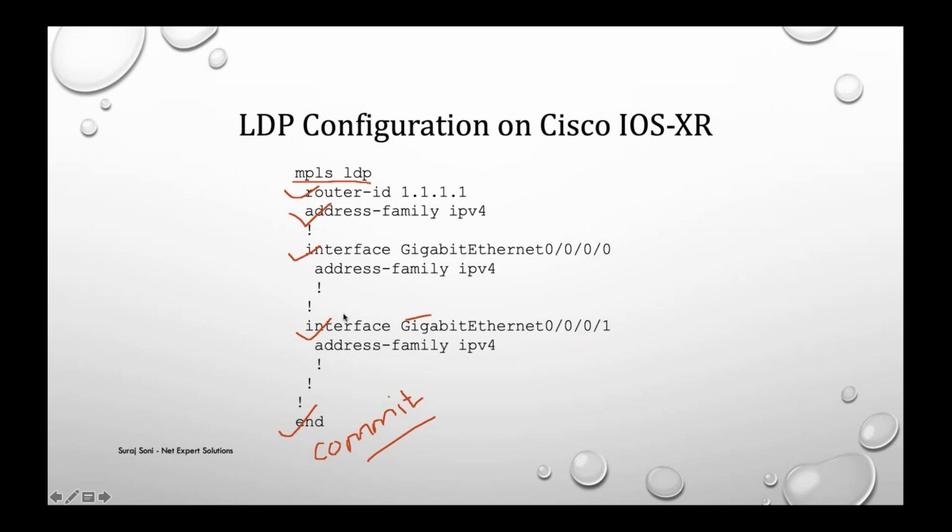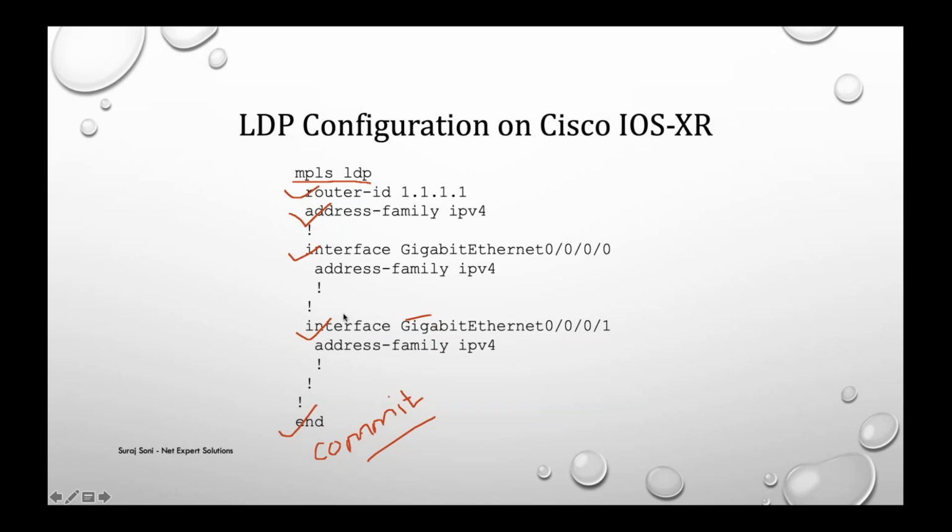I will explain the configuration on IOS XR, which is quite different, maybe in a further session if I get the time. I will highlight the IOS XR features also, the kernel architecture of IOS XR, the image file of IOS XR, and how it is different. It is more process oriented.